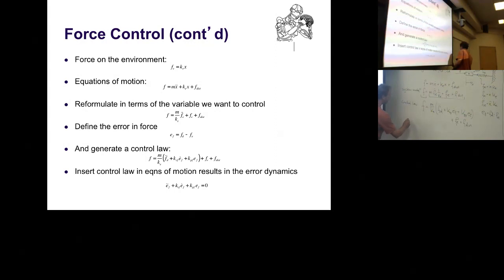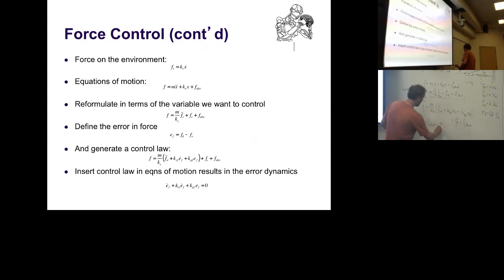So I get essentially M Fe double dot over Ke plus Fe plus F disturbance is the entire thing here.